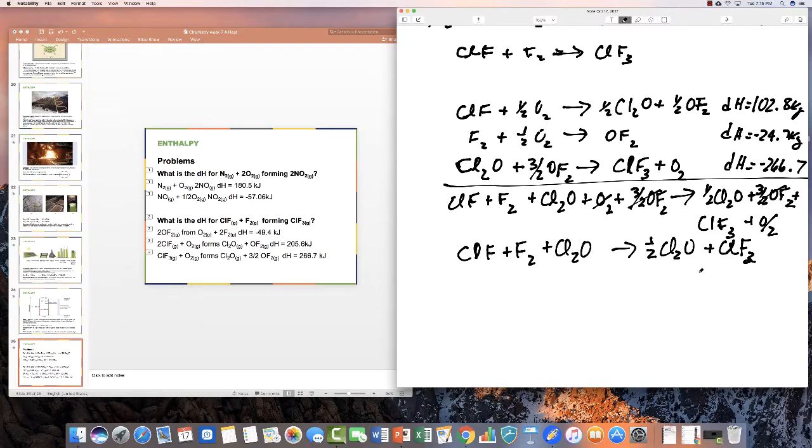And is there some way that I can get rid of this guy right here? Did I make a mistake? I don't think I did. But as I said, the answer is on page 267 and 268. If you look at the answer on page 268, for equation number 4 in the answer book, when they reverse, they change the Cl2O to 1/2 Cl2O, and I do not see how they do that.